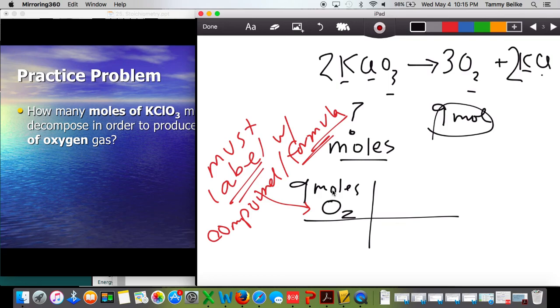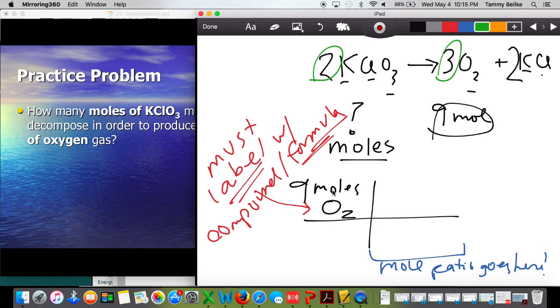I need the mole ratio. It's the only thing. This guy here, mole ratio, goes through. Right, well, if I look at my problem, I see that this is a coefficient in the compound that I want, and this is the coefficient in the compound that I want. So I'm looking for that to go into my mole ratio. So I'm going to put 3 moles of oxygen.